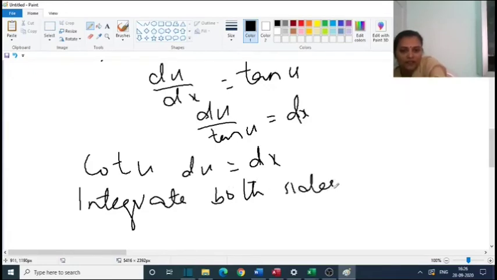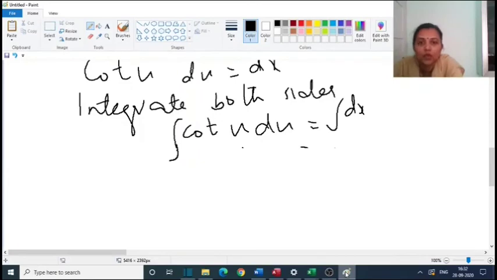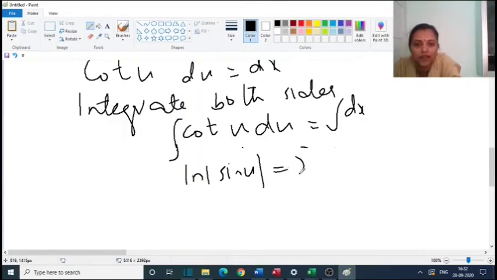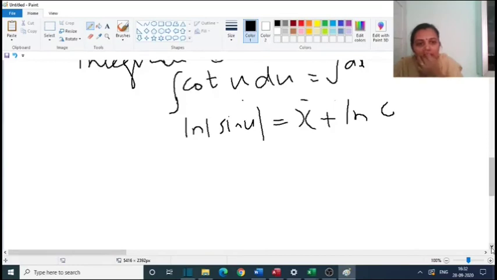We get integral of cot u du is equal to integral dx. Integral of cot u is log sin u, so ln sin u is equal to x plus, we can write ln c instead of c. On one side ln is there, so we could write ln c.